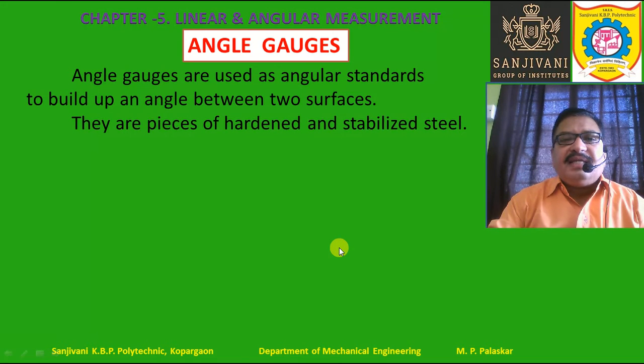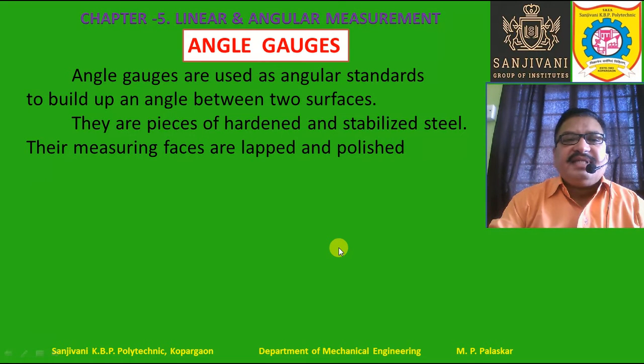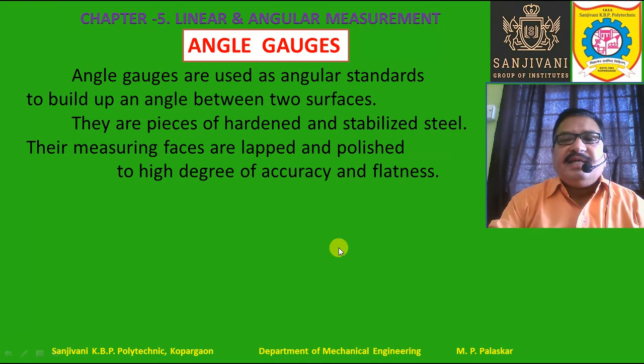Angle gauges are pieces of hardened and stabilized steel. Their measuring faces are lapped and polished to a high degree of accuracy and flatness.